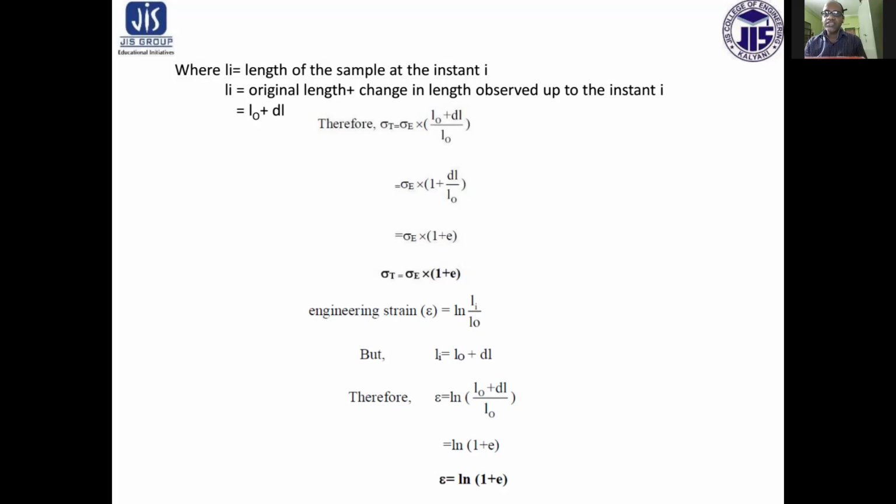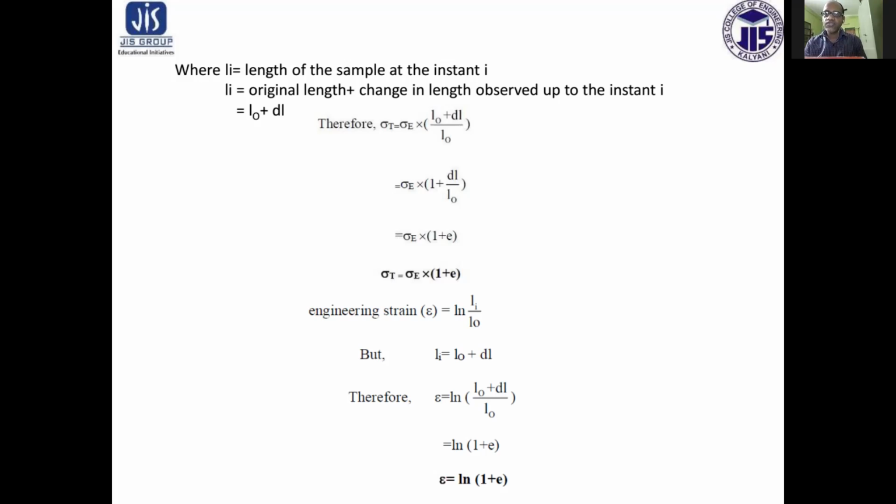Now again, true strain epsilon we know equals ln of Li by L0. But again, Li, the instantaneous length, we may write as L0, the original length, plus delta L, the change in length observed up to the instant i. So therefore, epsilon we can write as ln of L0 plus delta L by L0, which again we can write as ln of 1 plus e.